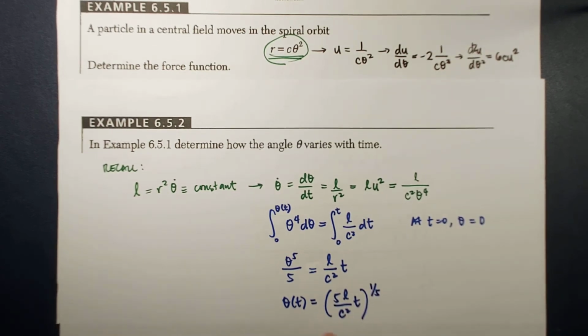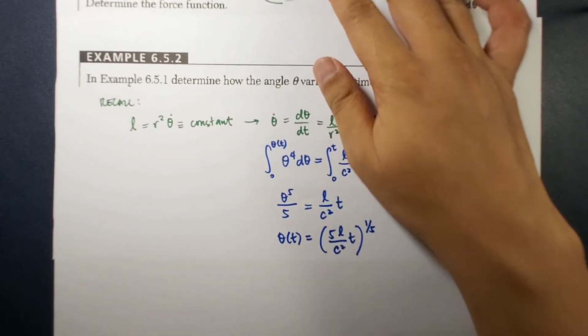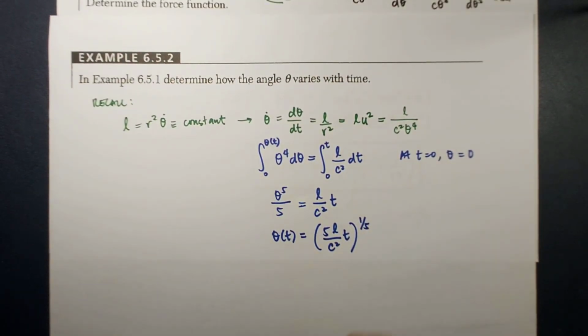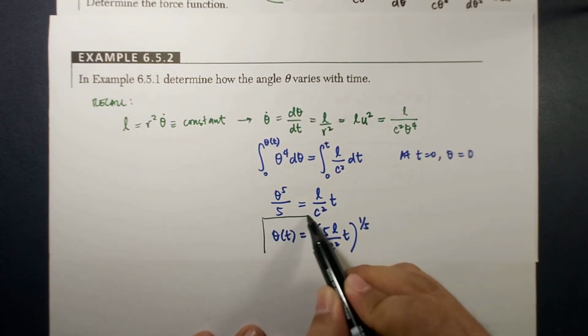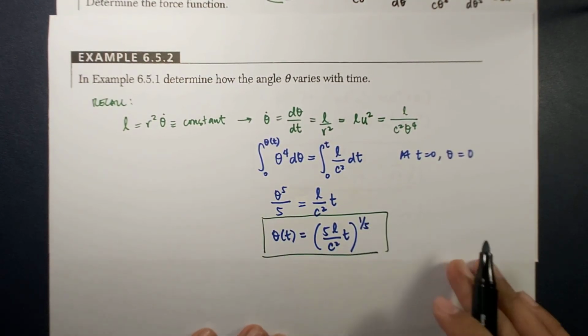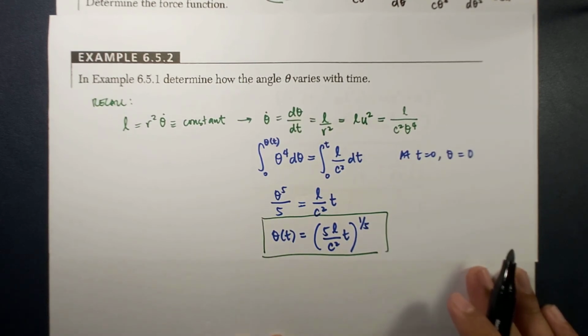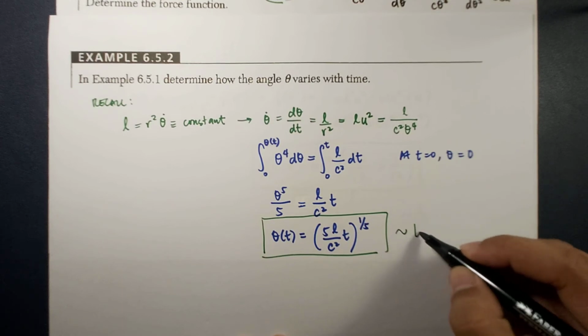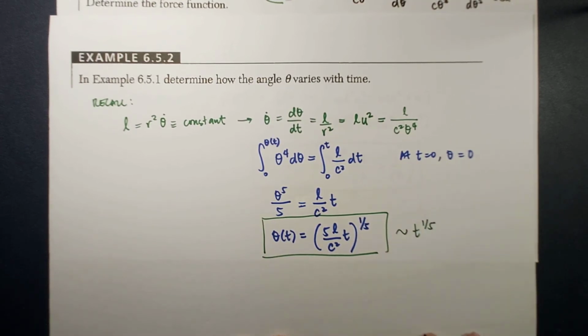So again, this is your angular position with respect to time. You will notice that this varies with t to the 1/5.